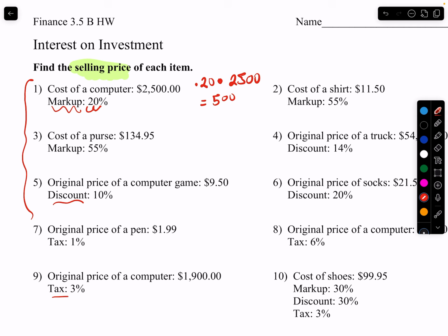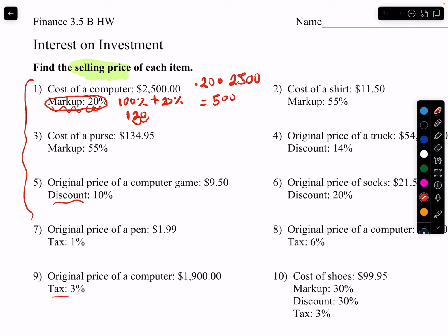Now, the way we want to write this, however, is that when we have a 20% markup, we're paying full price plus 20% more. Well, full price is 100%. And if we have 20% more, then it's really 120% of, now remember percent, we can move it 2 places, right?